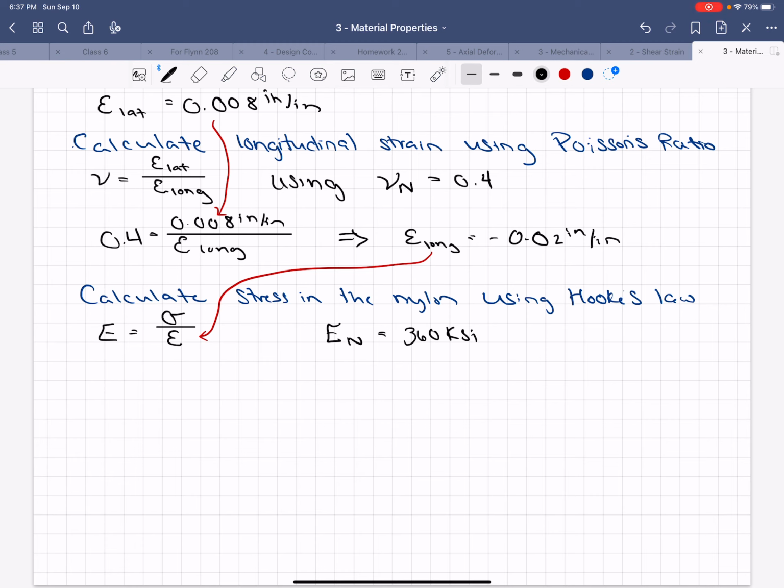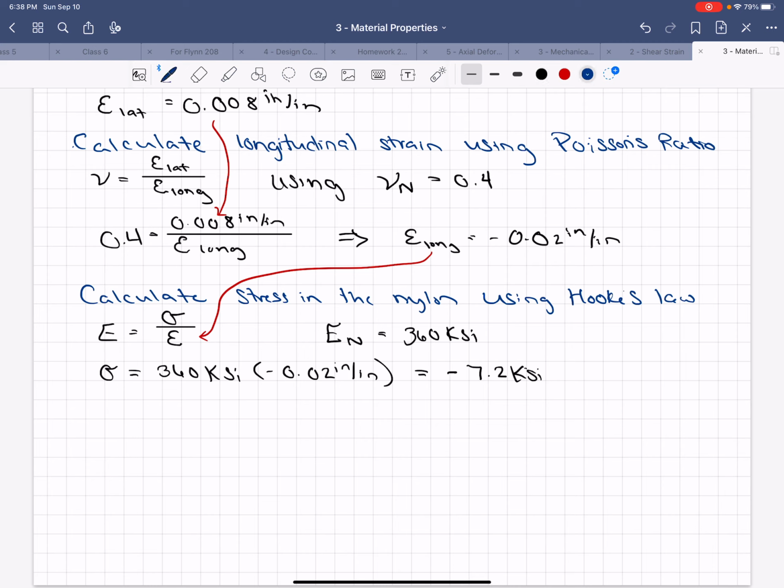So sigma equals E, big E, 360 KSI, times negative 0.02 inches per inch. So the stress will also be in compression. It will equal negative 7.2 KSI. Okay, so we're getting so close.